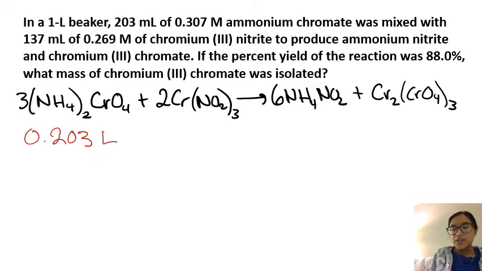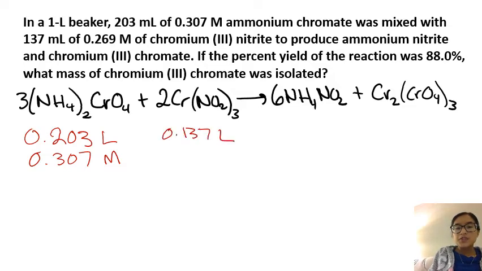So we've got 203 mL of 0.307 molar solution. Okay, so this solution is now mixed with 137 mL of 0.269 molar chromium 3 nitrite to produce ammonium nitrite and chromium 3 chromate.